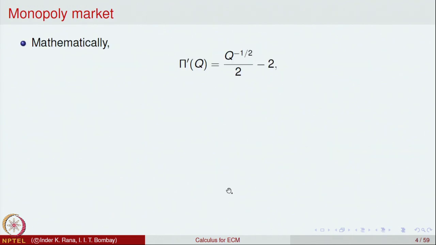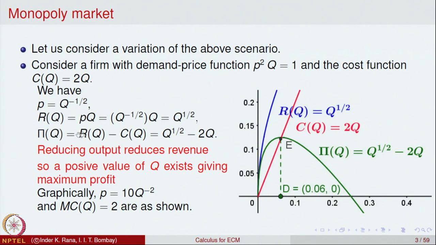If you want to verify it mathematically, we will look at the derivative of the profit function. Recall the profit function pi. The derivative of this will be half q raised to power half minus 1 into 2, minus 2, since the derivative of 2q is 2.